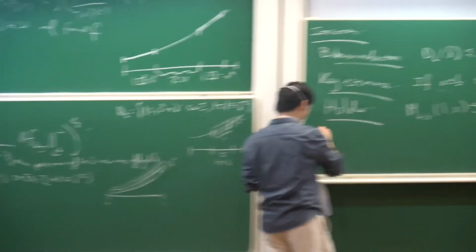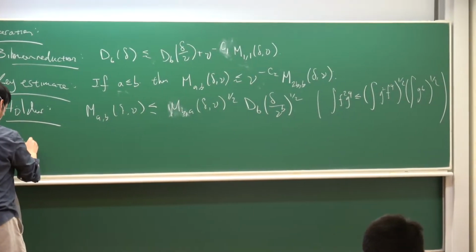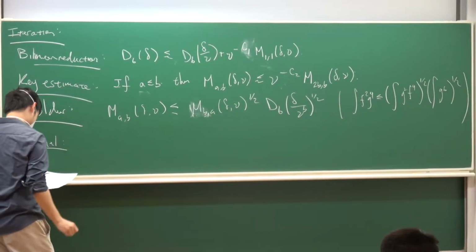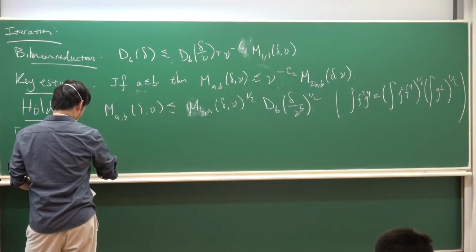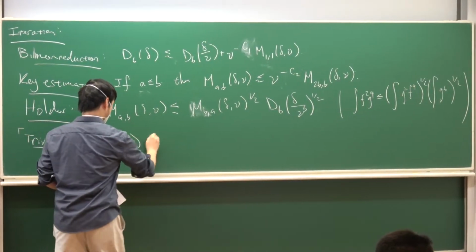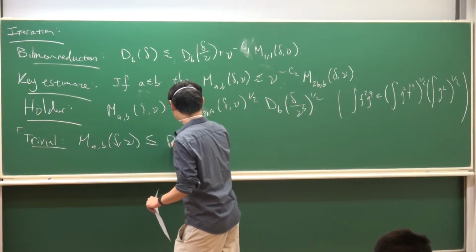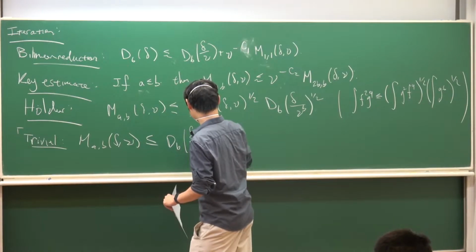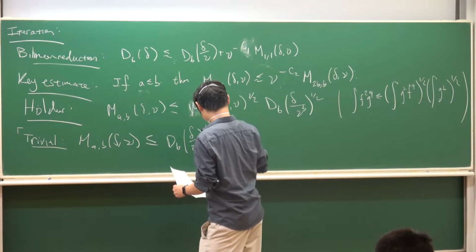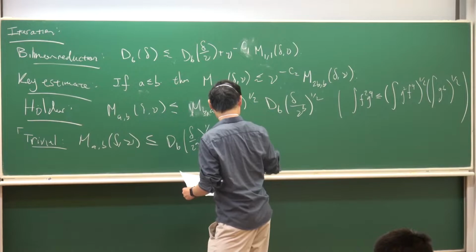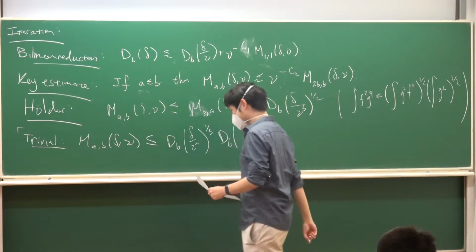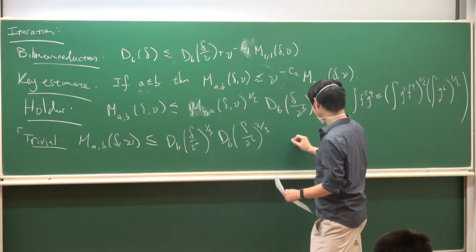So there's a trivial property; I'll just call it trivial. It's that M_AB(δ, ν) is controlled by D6(δ) over ν to the a, to the 1/3, times D6(δ) over ν to the b, to the 2/3. And this also follows from Hölder.